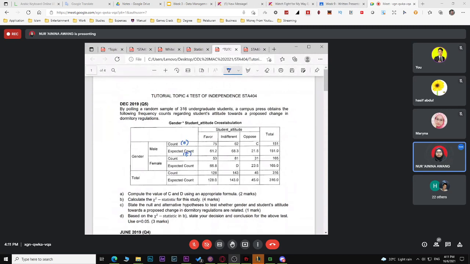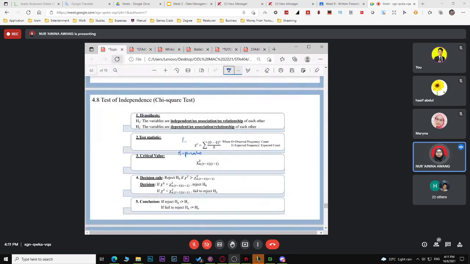Okay. So to find the value for your E, the expected frequency: the O, the observed frequency or count, is your original data, but for the expected frequency, you need to find the value. So how to find the value for your E?